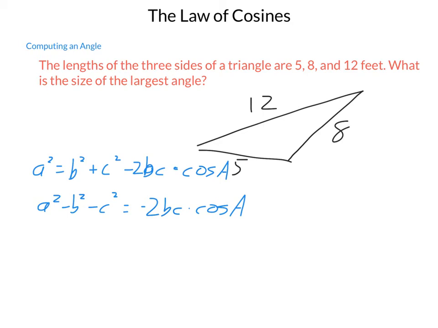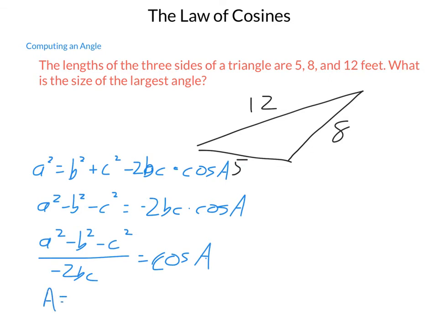So that gives me that A squared minus B squared minus C squared divided by a negative 2BC would equal the cosine of A. And then in order to get A completely by itself, we would simply take the arc cosine of each side in order to get this alone. So in the end, A is going to equal the arc cosine of that fraction.